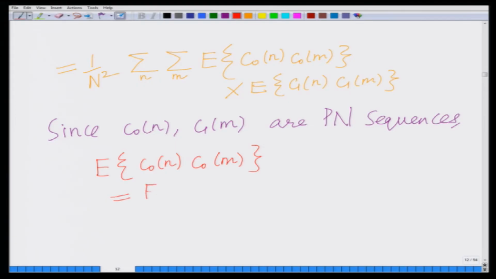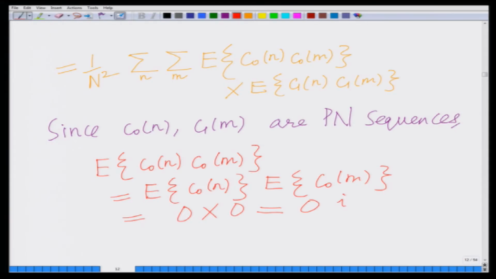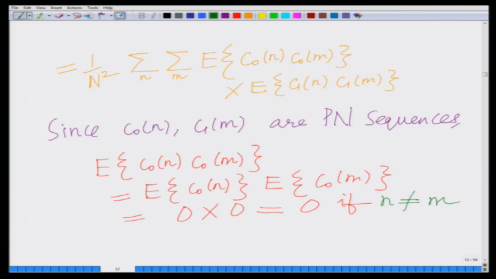Therefore, expected value of C0n into C0m is expected value of C0n into expected value of C0m, and each of these expected values is 0. So, this is 0, but this occurs if n is not equal to m.